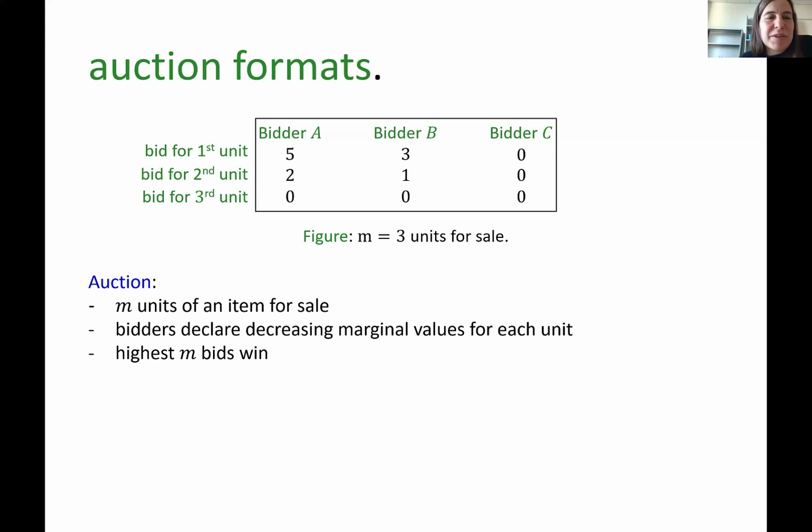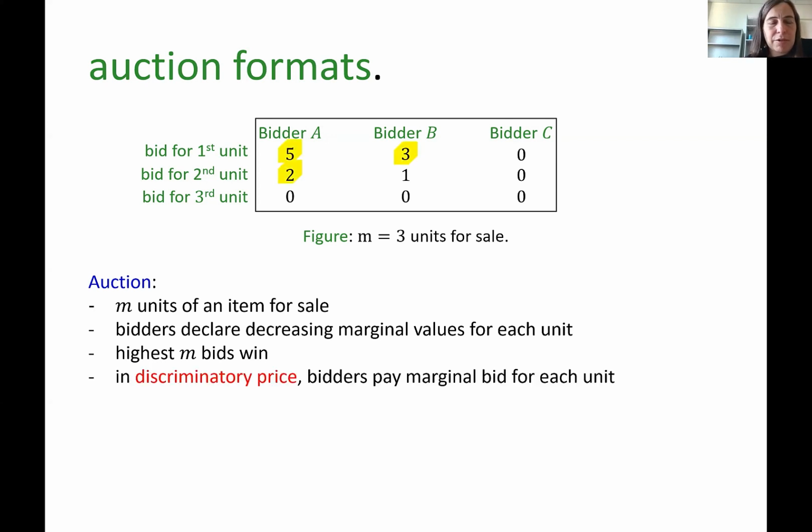We have bidder A who has value of 5 for the first unit, and it gets an additional 2 utils from the second unit and 0 from the third, and so on for B and C. And the 2 most natural auctions are the uniform price auction and the discriminatory auction. In both of these auctions, the highest M marginal bids win. So that would be like 5, 3, and 2 in this example on the slide.